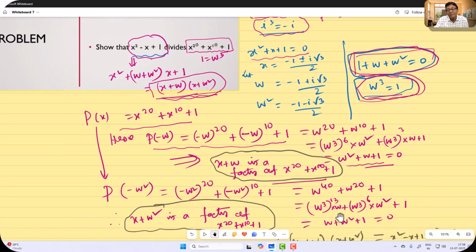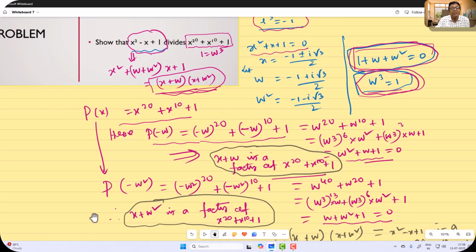Simplify it: omega cube to the power 13 into omega, that is omega to the power 40, omega cube to the power 6, that is 1 again, omega square, and again omega plus omega square plus 1 equals 0. So this will ensure that x plus omega square is a factor.